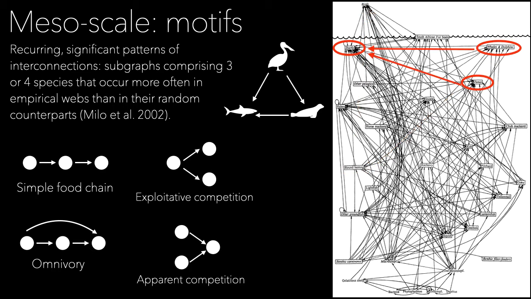A somehow analogous but opposite motif is that of apparent competition. In this case, we have two preys that are preyed upon by the same predator, as for instance is the case of tuna and whales and dolphins, which are predated by sharks.